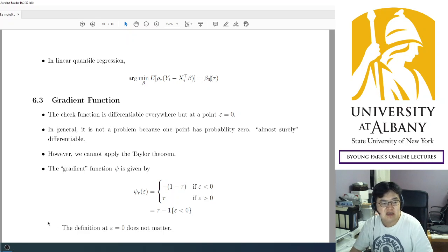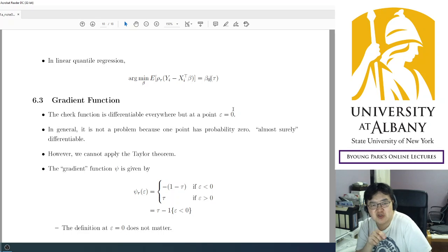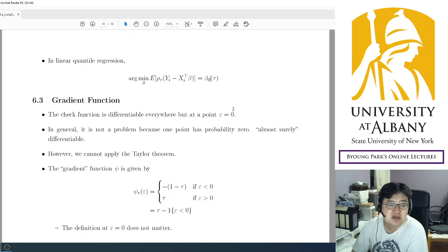differentiation. It is a continuous function, but it is clear that there is a kink in the check function, and the check function is differentiable everywhere but the kink point. The kink point is always 0, and at 0 it is not differentiable.